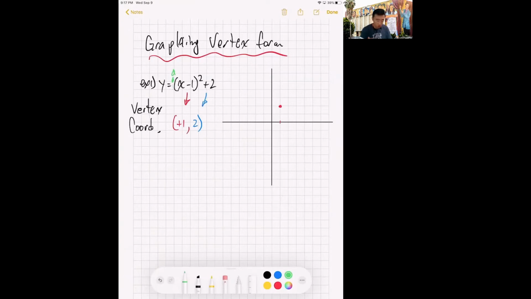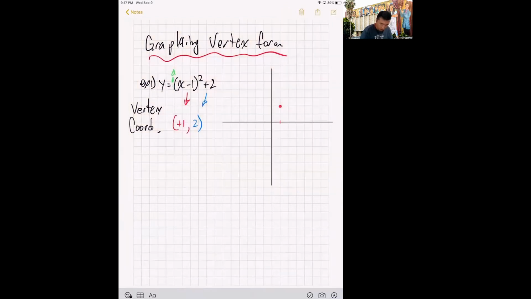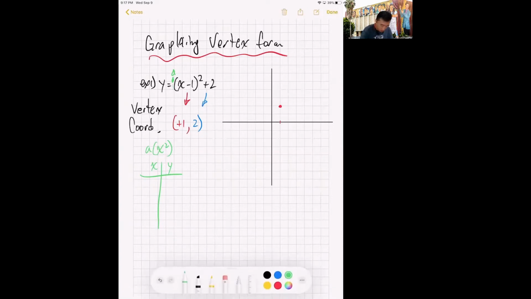Okay, so you're going to make a little T-chart that says X and Y. Okay, and it goes like this: A x squared. So you're going to plug in some numbers starting with 1, 2, 3, etc. So let's do some slopes here. So this is going to be like your slope, sort of.